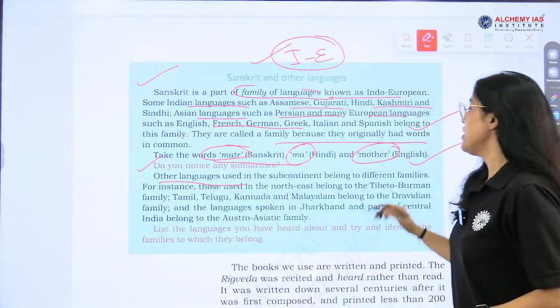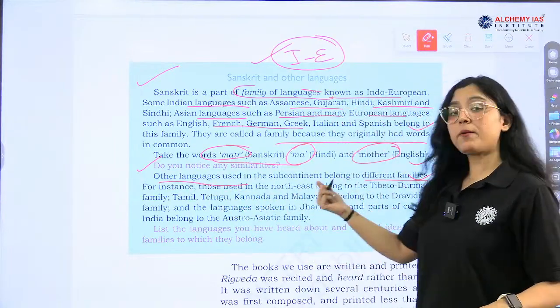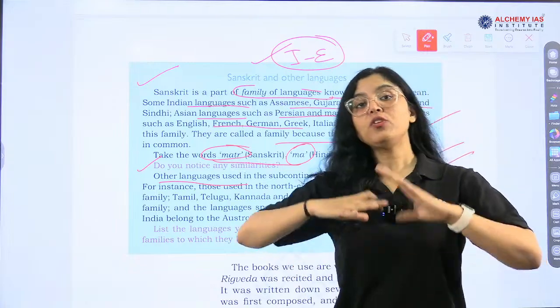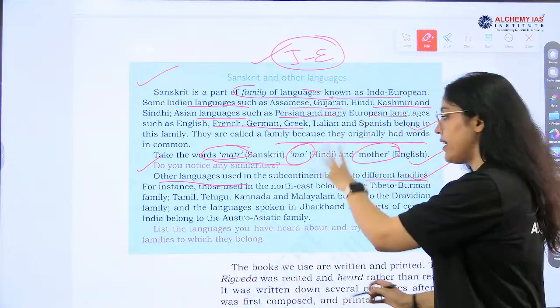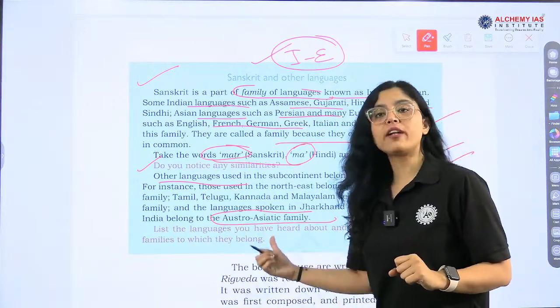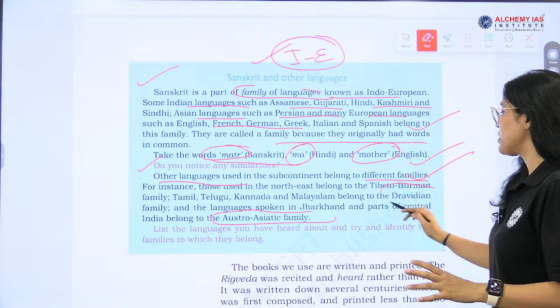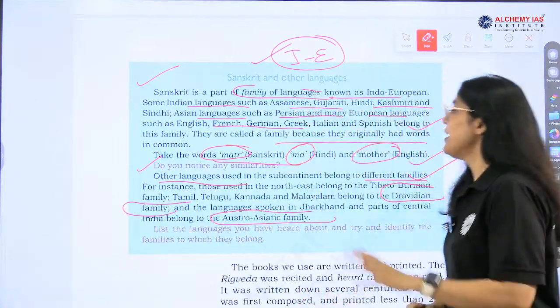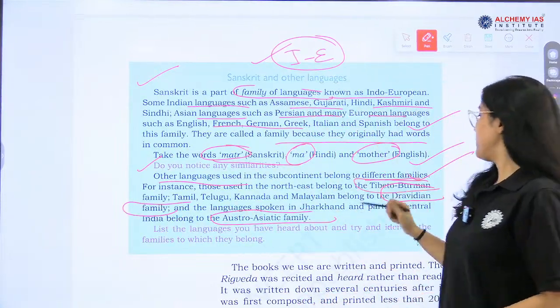Other languages used in the subcontinent India belong to different families. There are some languages which belong to the Austro-Asiatic family, some which belong to the Dravidian family, and then the Tibeto-Burman family.